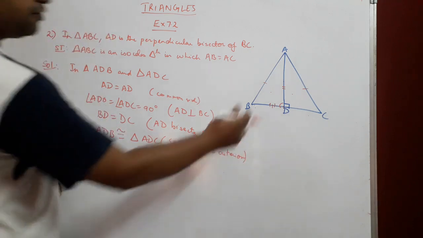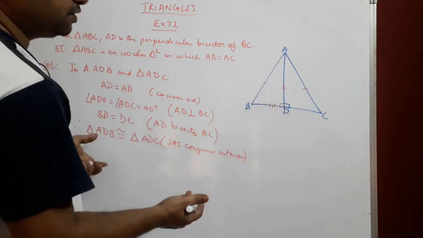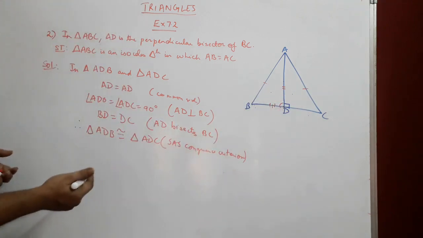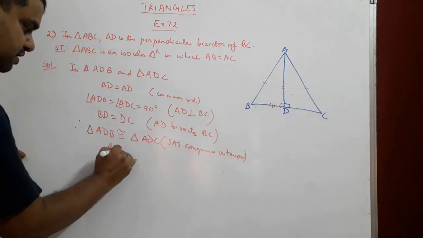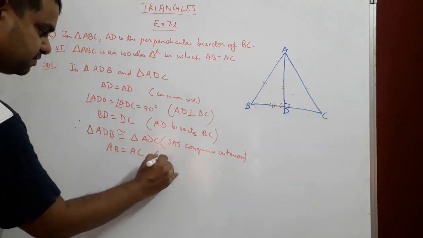And now that we have proved these two triangles as congruent to each other, we can easily say that AB is equal to AC by CPCT.